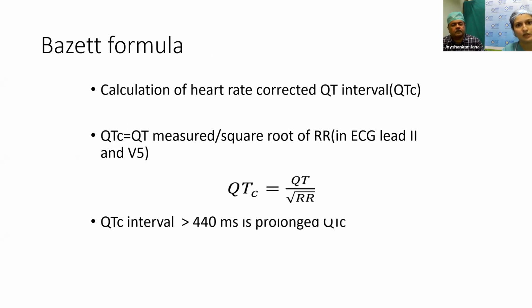We use Bazett's formula for the calculation of heart rate corrected QT interval, which we refer to as QTc. It is measured as QT upon the square root of RR interval in ECG leads 2 and V5. QTc interval of more than 440 milliseconds is taken as prolonged QTc.